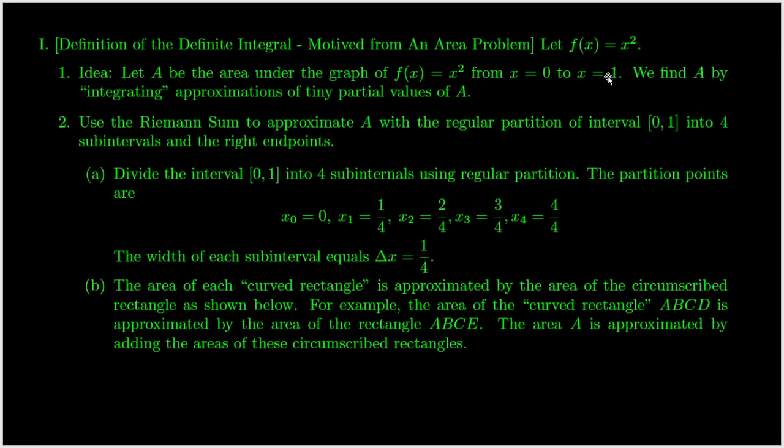Temporarily, you remember the idea: we're going to compute A, the area under the parabola from 0 to 1, by integrating approximations of the tiny portions of partial values of A. The wording is a little bit long, but you are going to see the meaning very shortly.